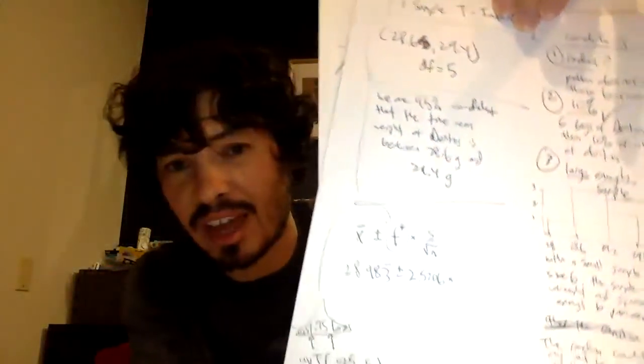So here's my inverse t instead of inverse normal. Put your degrees of freedom in, and it is 2.5705. Okay, good. Times s over square root n. So what's the s?